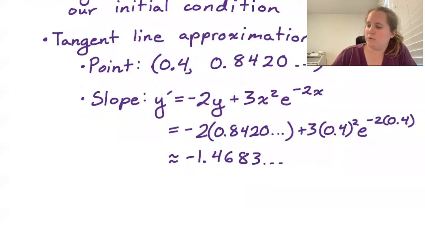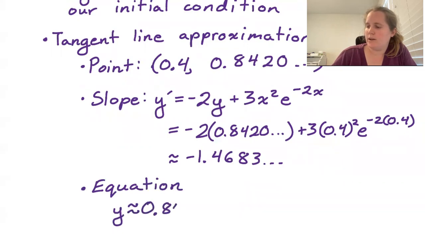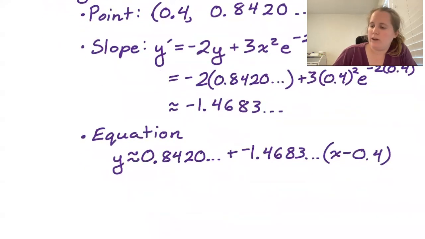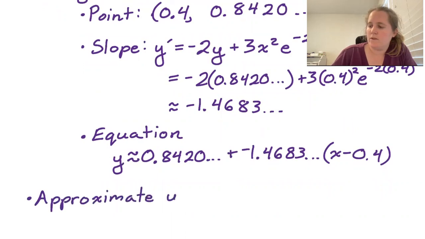And so we have our equation would be y is approximately our initial y value 0.8420... plus our slope negative 1.4683... times x minus 0.4. So now at this point, we can finally approximate y of 0.5.